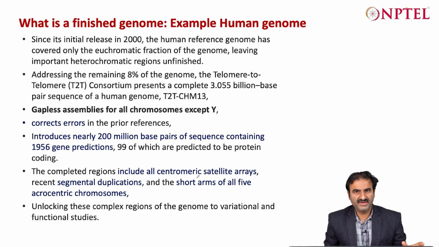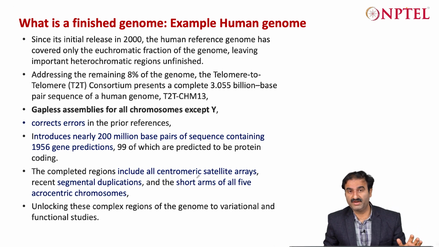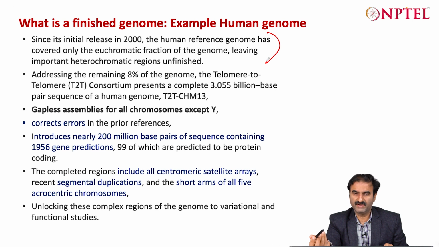Now Hi-C will let you achieve the chromosomal-level assembly. Now we should look at what a finished genome is, for example the human genome, and what we really achieved in a finished genome. In the human genome, the first draft came in the year 2000.